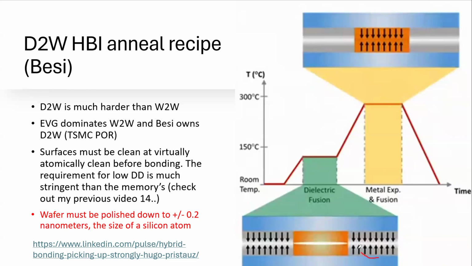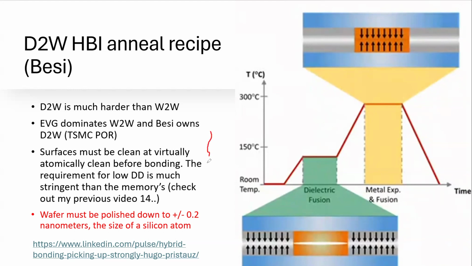A bonding happens in this oxide area, SiO2 roughly, or SiCN. But this is not done yet. And then you raise to about 280 or sometimes more. That's when the metal bonding happens. Of course, before that you have to have plasma activation to clean the surface, for both. So that's two-step annealing. And that is the typical HBI anneal recipe.